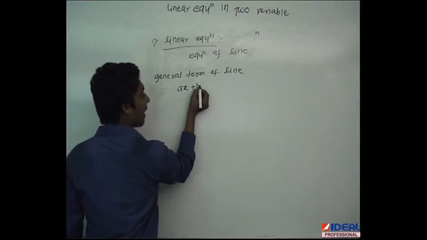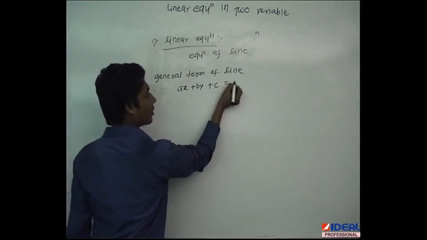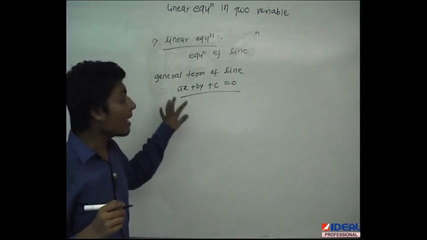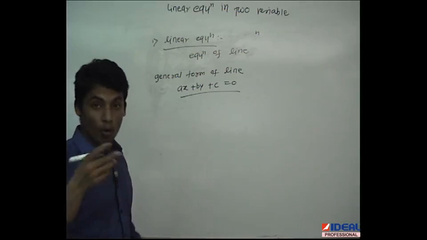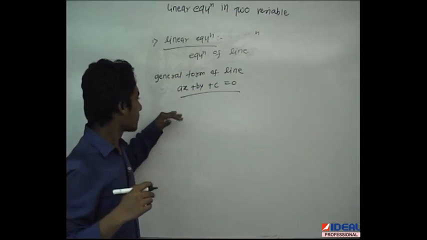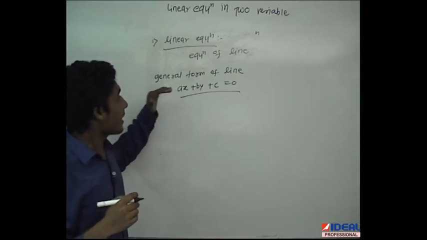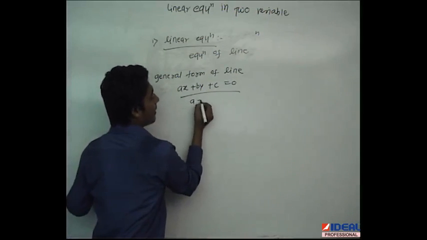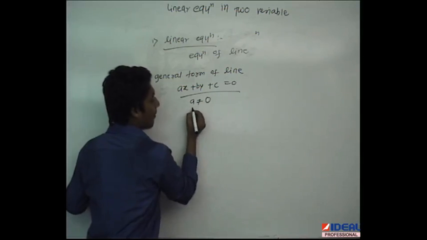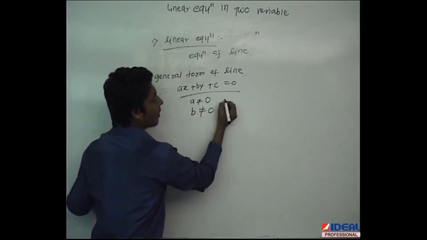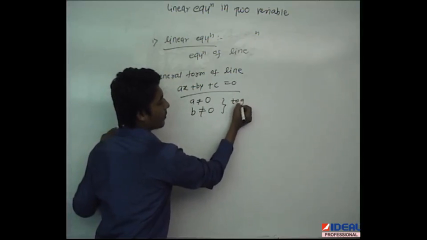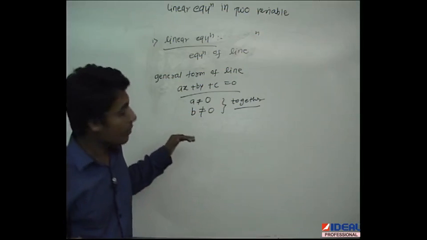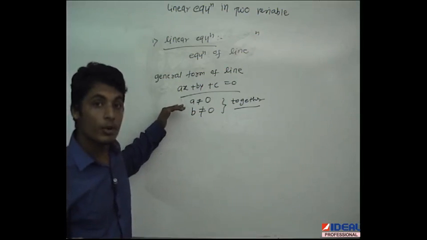Our general form of line is ax plus by plus c is equal to 0, where x and y are the variables, and a, b, c are the constants. In the general form of line, a is not equal to 0 and b is not equal to 0 together.